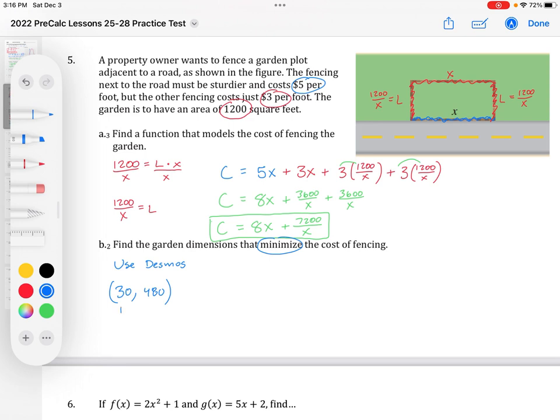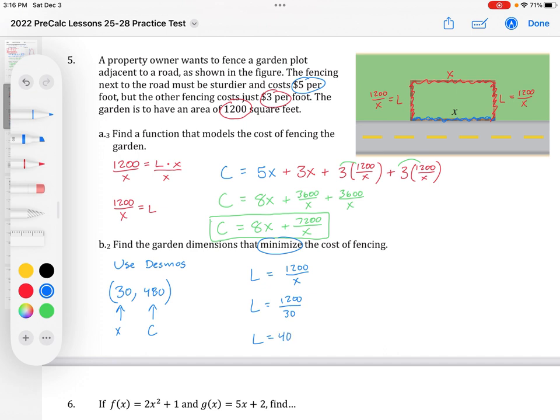What that means is x is 30, and our cost would be 480 because that's our y value in this equation. So we want the dimensions, so I'm going to go back up to get the length. My length is going to equal 1200 divided by x, and 1200 divided by 30 will give you 40.